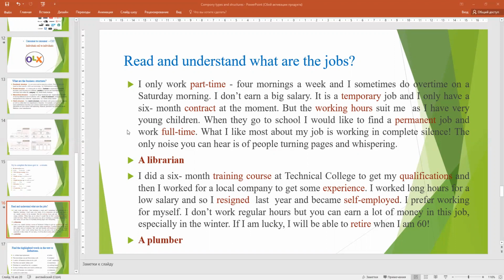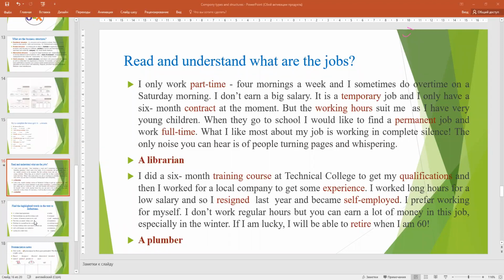If you noticed, the keywords have been highlighted in the text, for example, part-time, temporary, working hours, permanent, full-time, and also training course, qualifications, experience, resigned, self-employed, and retired. These are the keywords that you should know.